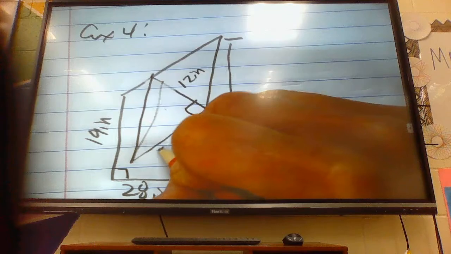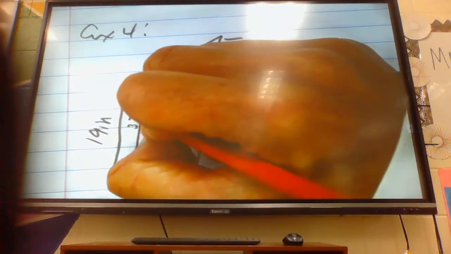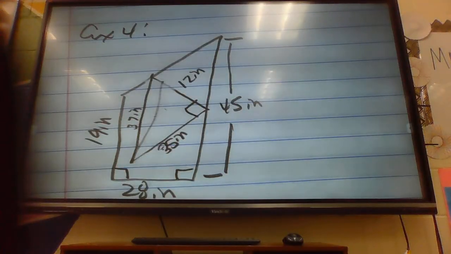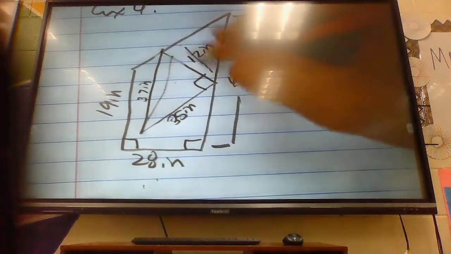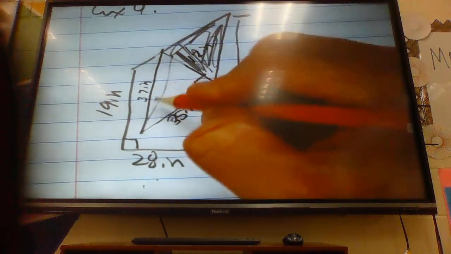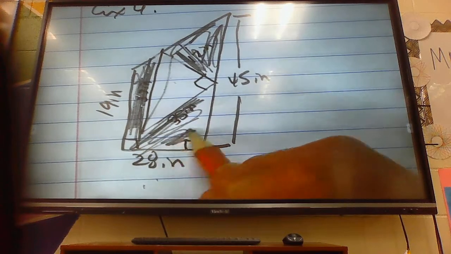Inches, 35 inches, 37 inches. So you've got 28 here. So I'm shading this, I'm shading here, and I'm shading here.